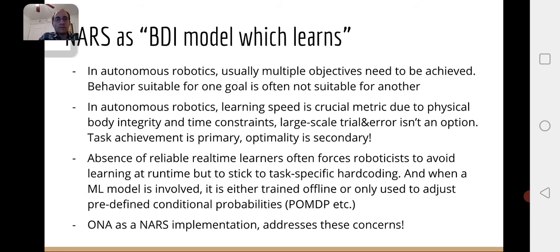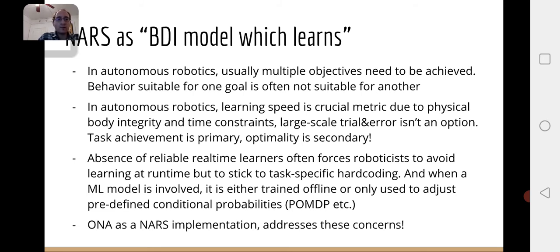Another observation is that in autonomous robotics especially, learning speed is a crucial metric due to physical body integrity and time constraints. So in those cases, large-scale trial and error is not an option at all. And this is also why reinforcement learning hasn't been very successful in robotics.